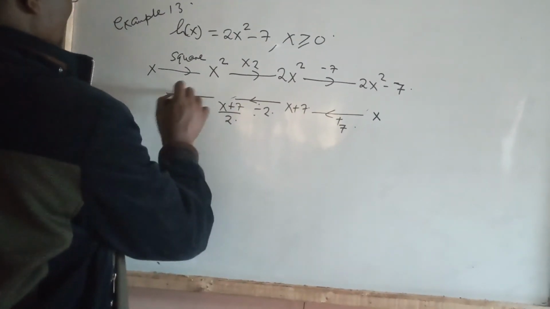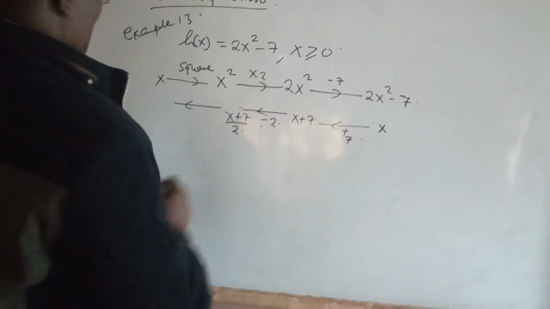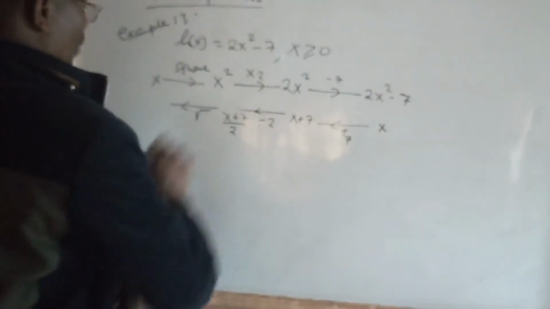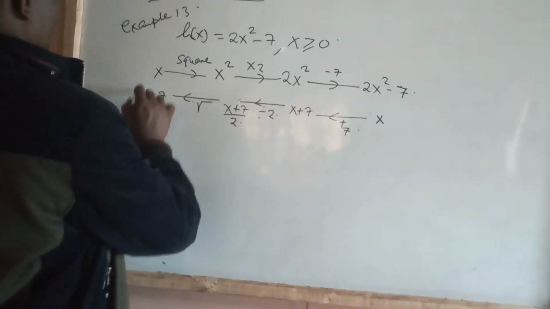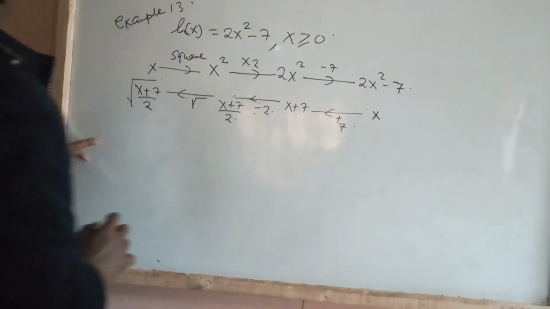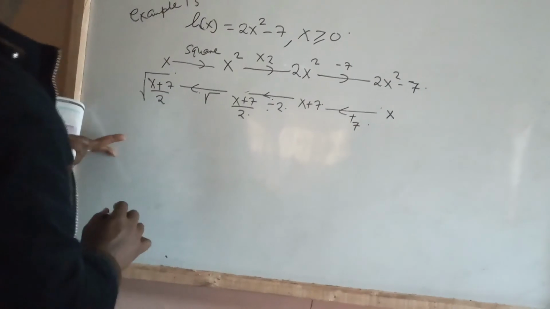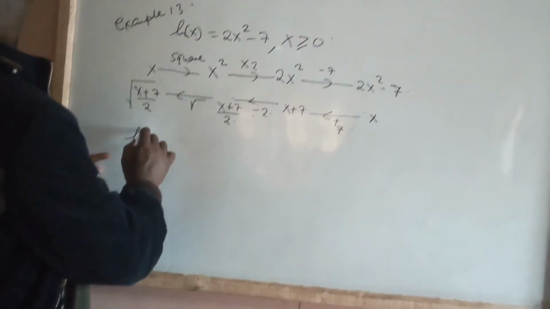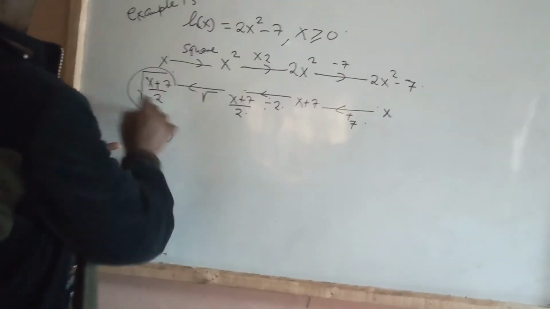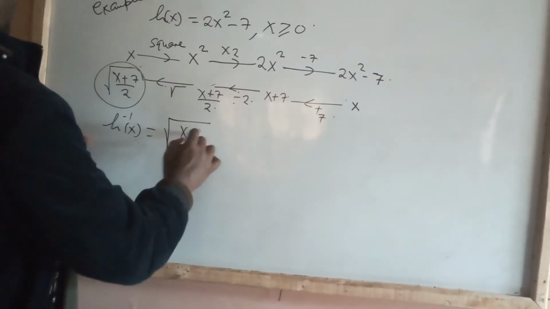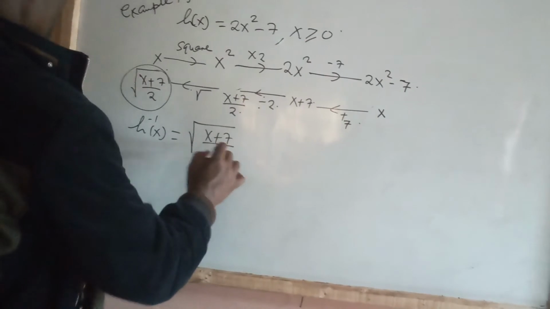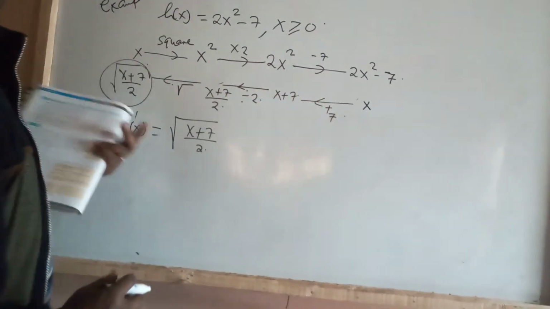And the very last step, instead of squaring, we take the square root, giving us the square root of (x + 7)/2. That means the h inverse of x is the square root of (x + 7) over 2.